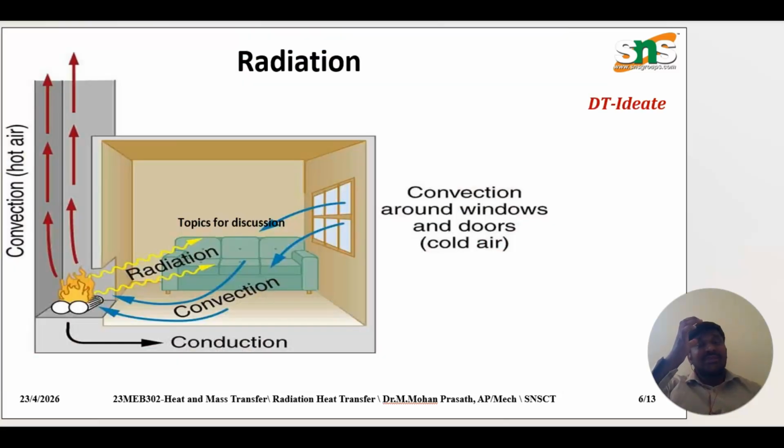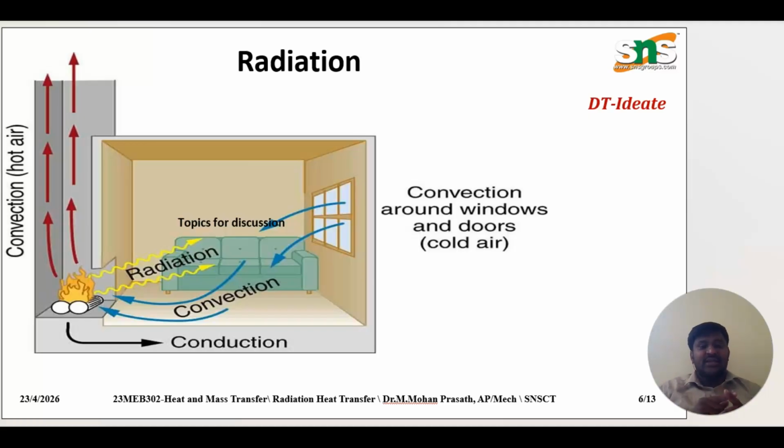Next, we will see an example of radiation. Suppose we consider a closed room, and in the closed room we are burning wood. When burning wood, heat transfer definitely occurs through all modes. One is conduction. In conduction, the heat is transferred to the wall.